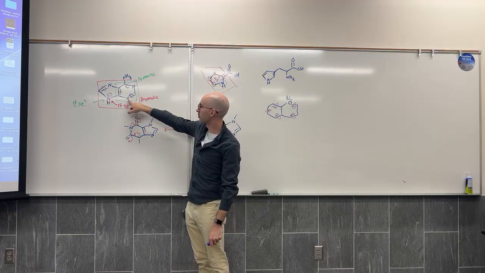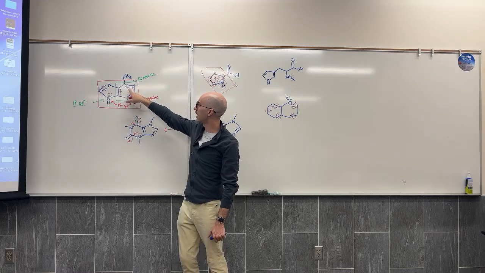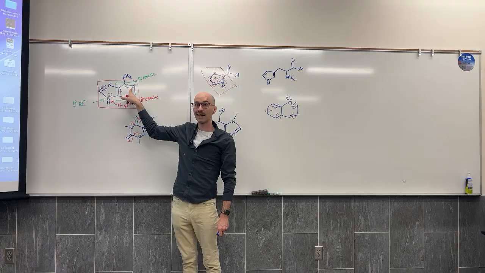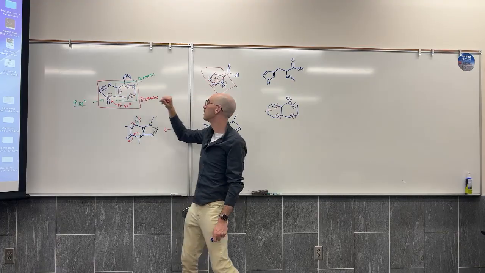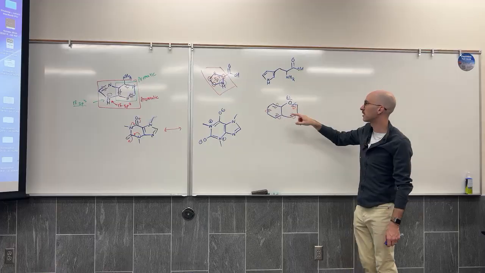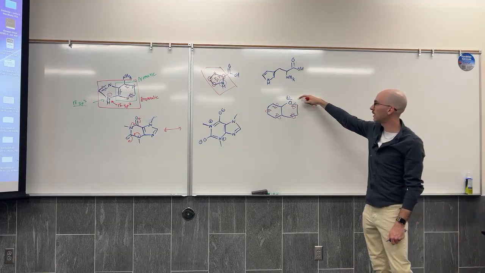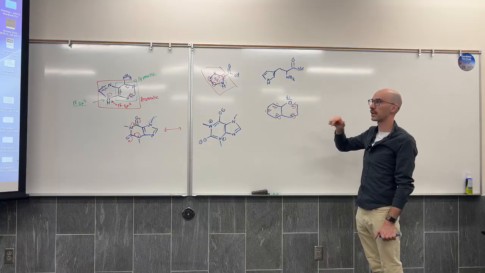But these nitrogens that are already sp2, already in a pi bond, cannot share their electrons. Their lone pairs have to be localized. Oxygen, for the same reason here, cannot share its electrons. Those electrons are localized because its p orbital is already consumed.